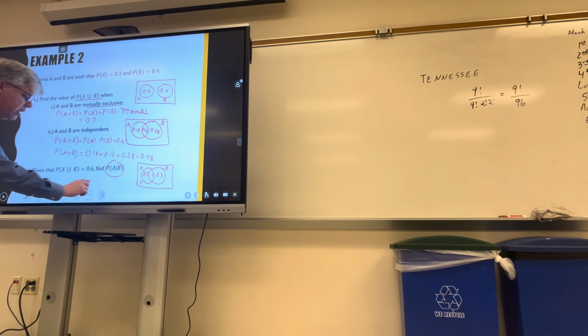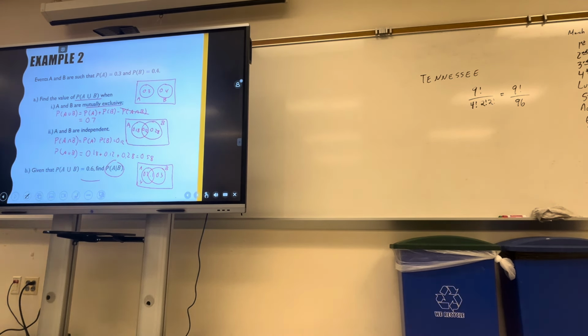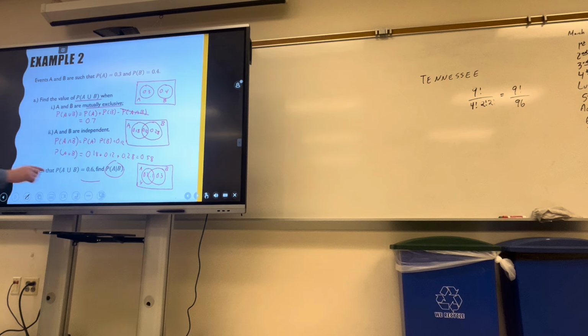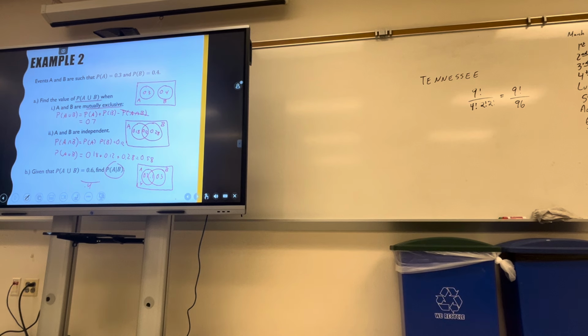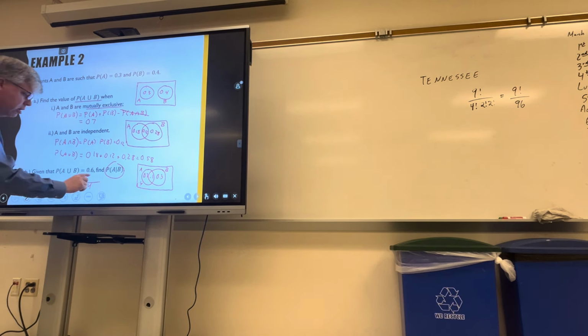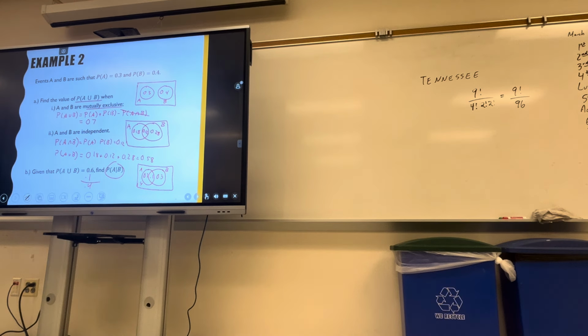So in your denominator now, instead of a 1, like 100%, how much of the probability in there corresponds to B having happened? 0.4. So that's your denominator. And just looking at that 0.4, in what part of that did A happen? The 0.1. So that's your numerator. So A given B is 0.1 over 0.4, which is just 1/4.